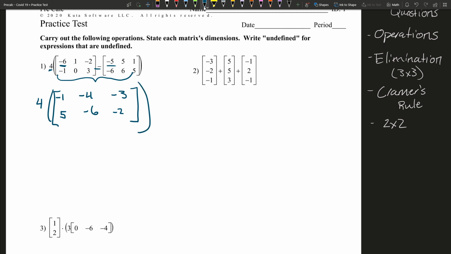The first thing that I would expect on a problem like this is just this step right here. Every operation there is, that should be a step that I see. And then after we subtract, we have to multiply by this scalar 4. When we multiply by scalars, that scalar just distributes to everything inside the matrix.